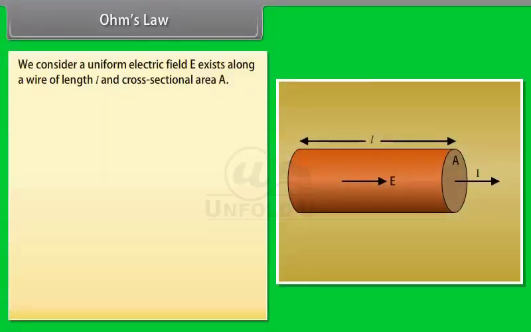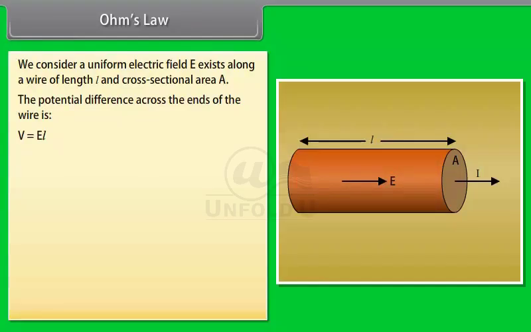We consider a uniform electric field E that exists along a wire of length L and cross-sectional area A. The potential difference across the ends of the wire is given by V = EL, but I = (A/ρL) × V, where ρ is the resistivity of the material.